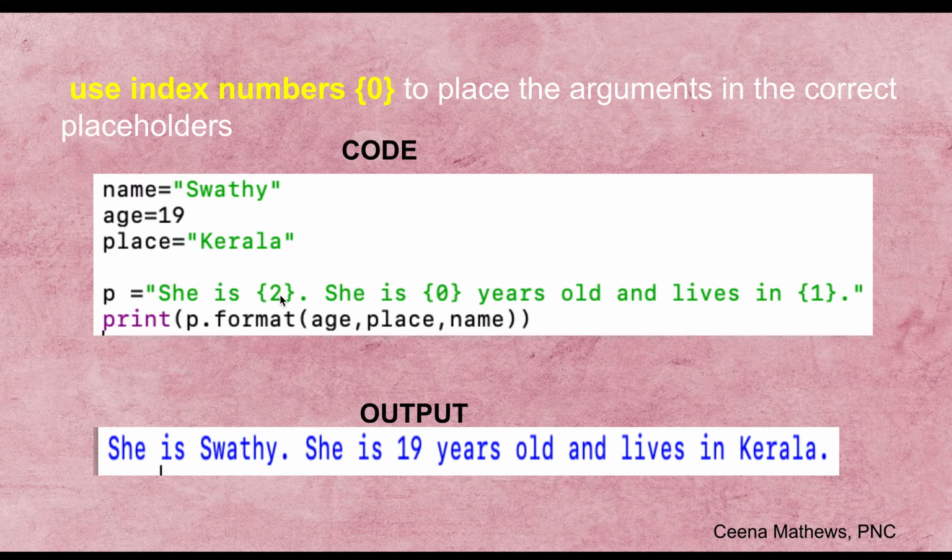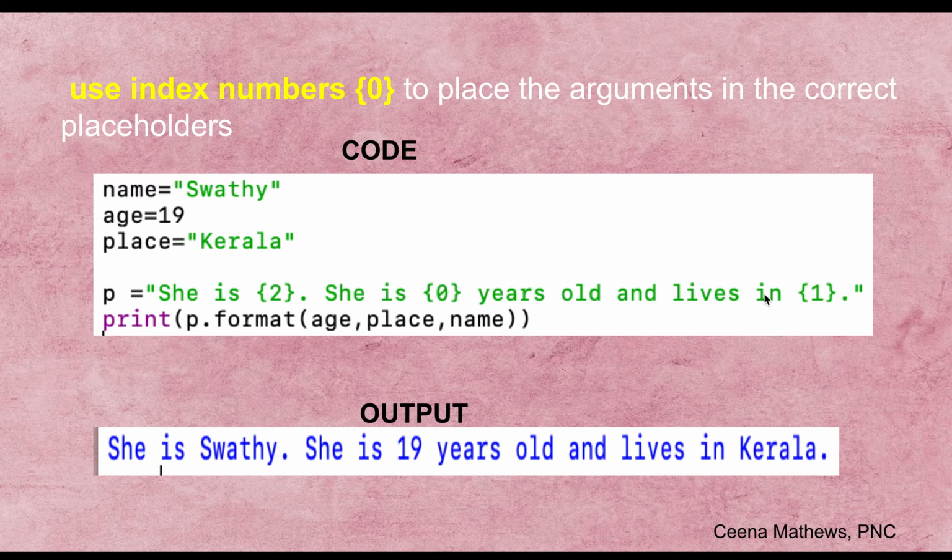the index as 2. In the next case, I want to print here age, so age is present in the format method as first argument, which has the index as 0, so I give here 0. In the third case, place is in index position 1, so I give here 1.